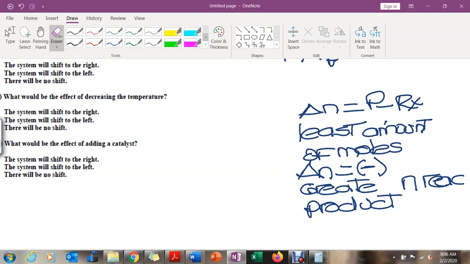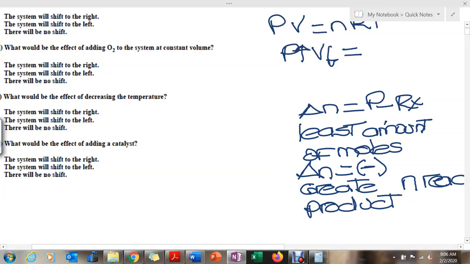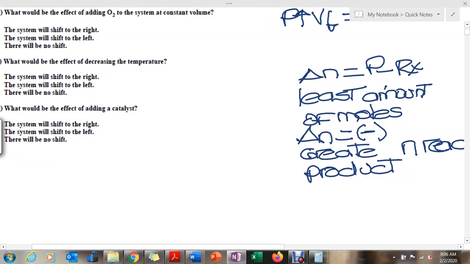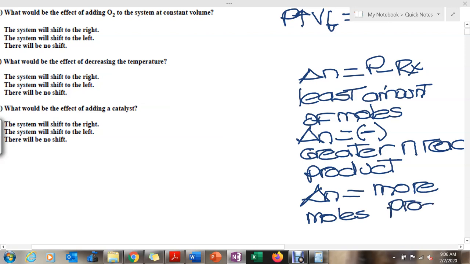Okay, if you have a delta N positive, that means that you have more moles of products than reactants.